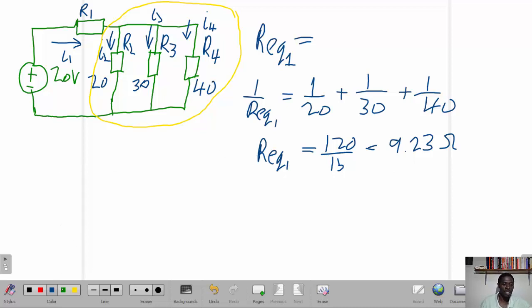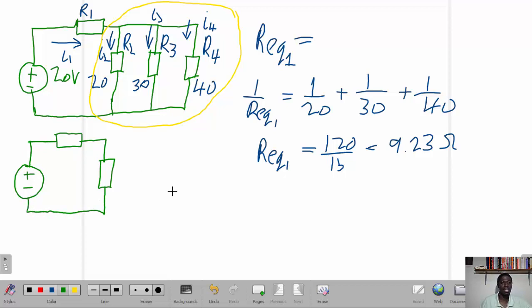Therefore, our circuit is simplified and it appears as follows. We've got the source, plus and minus, then resistor 1, and then our next resistor, which is the Req resistor value. We found Req1 here, and here we still remain with R1.